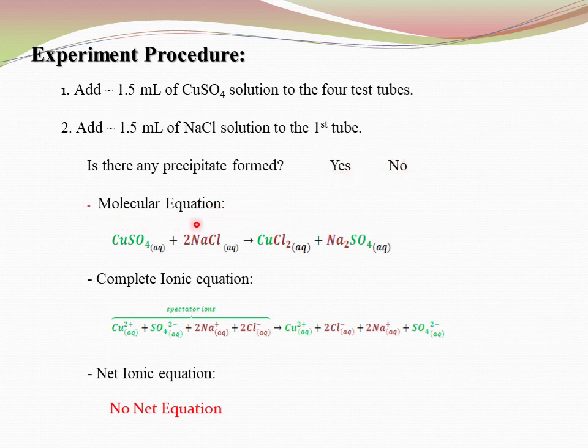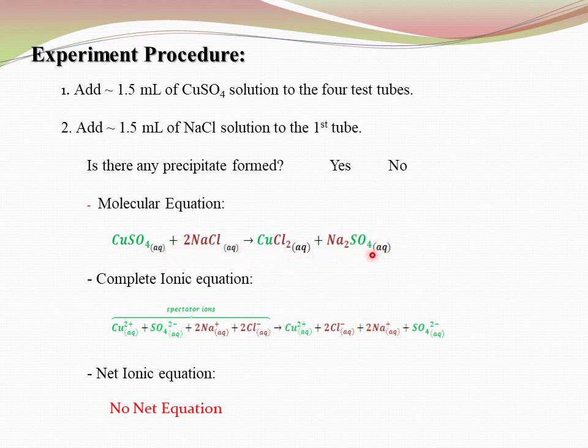Molecular equation shows the molecular formulas. So copper sulfate CuSO4, this is soluble, aqueous, plus sodium chloride NaCl aqueous, double replacement: copper with chloride, sodium with sulfate, to produce copper chloride aqueous and sodium sulfate aqueous.